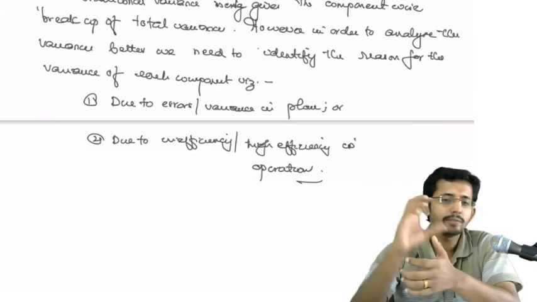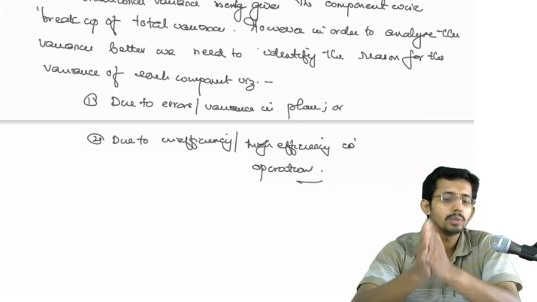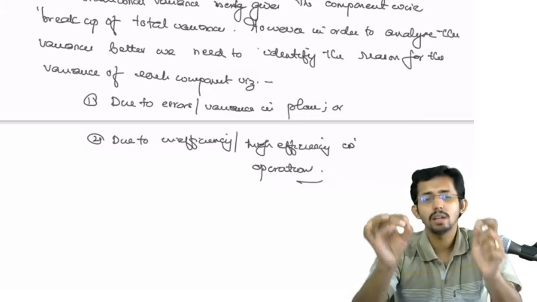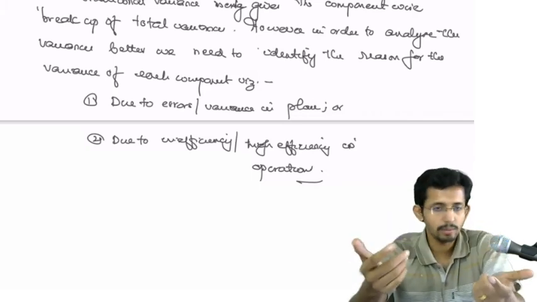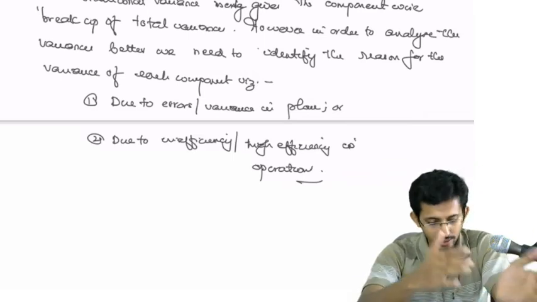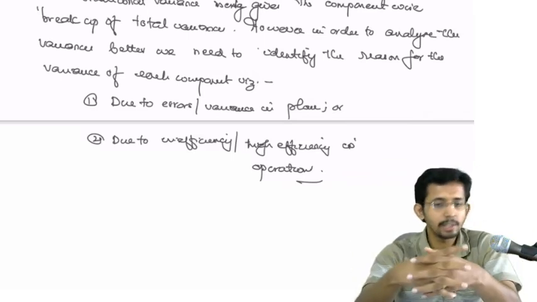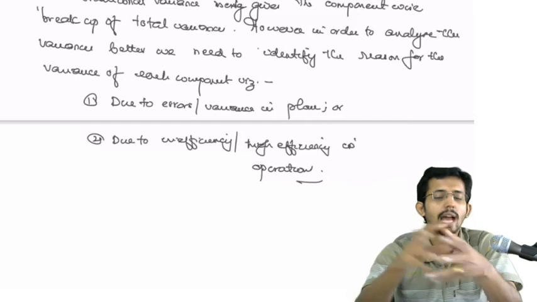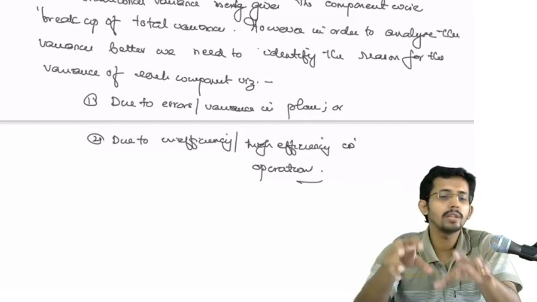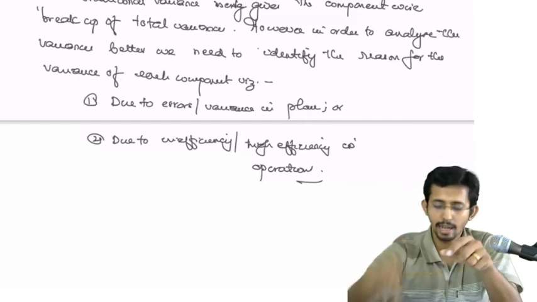If you want to take informed decisions, what you need to know is why this component wise variance occurred, whether it is due to any planning error or whether it is due to some efficiency issues. Okay, so that analysis can be done only if you compute what? Planning and operational analysis.